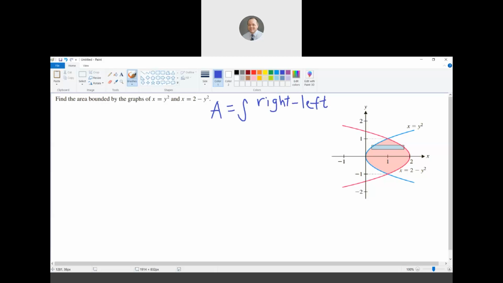So this is the slight variation of our area formula. Instead of top minus bottom curve, you do right curve minus left curve.